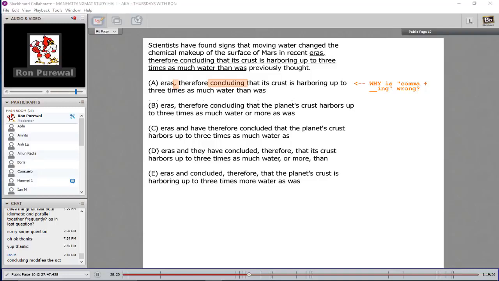Like, versus, let me give you another sentence. Consider this sentence.